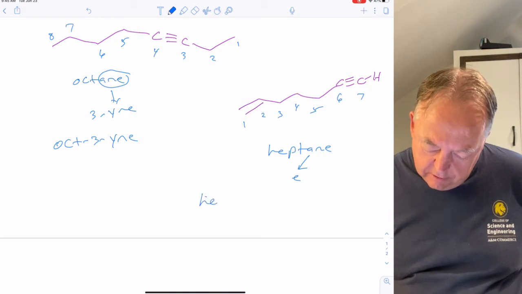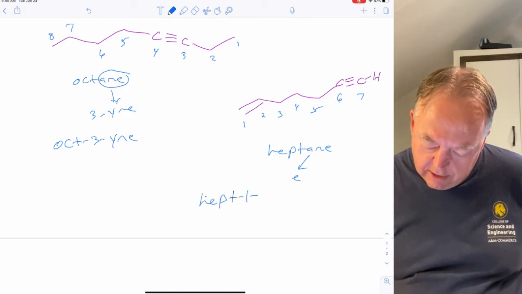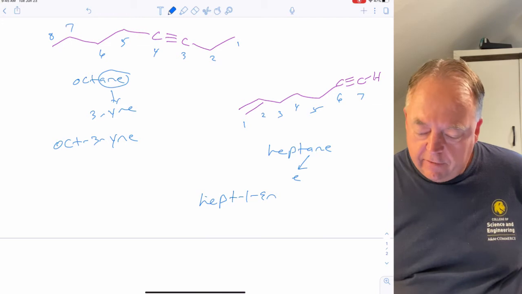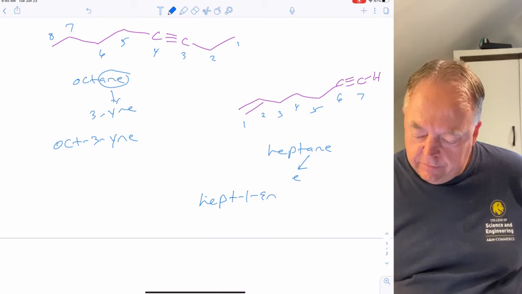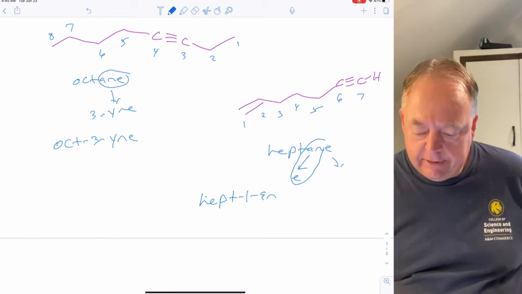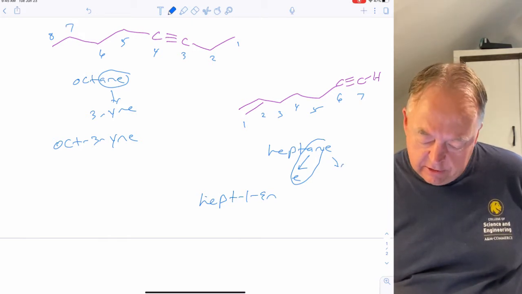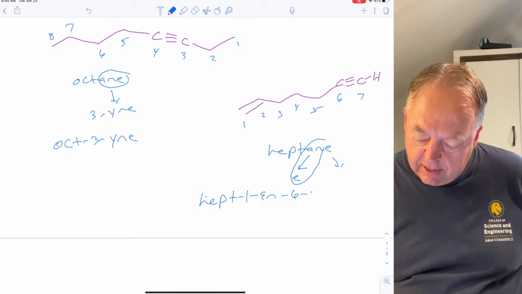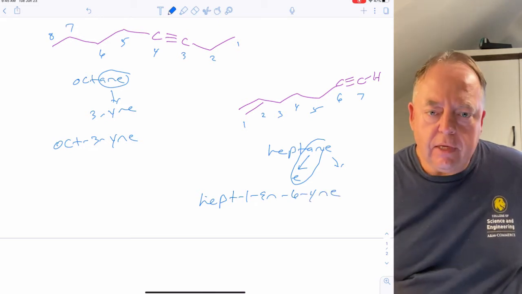So hept-1-en, and then when you have both an alkene and an alkyne, you keep that part for the alkene and just change the EN into YNE. So hept-1-en-6-yne would be the way that you name that molecule.